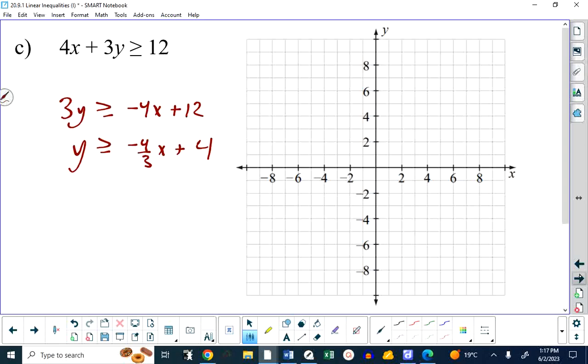The y-intercept of this line is 4. This is your y-intercept. Your slope, of course, is negative 4/3, which means we go 3 over and 4 down, 3 over and 4 down. Draw your solid line.